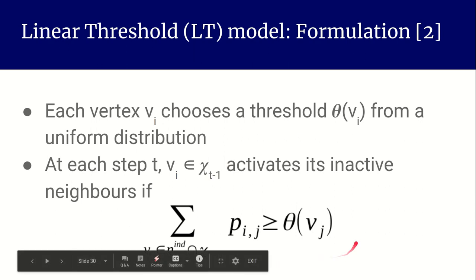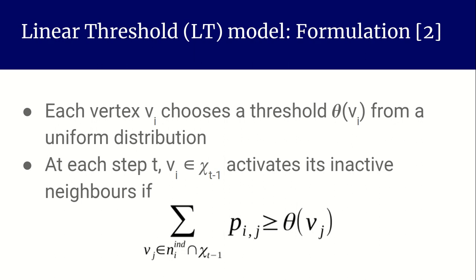So this is the condition where a node v sub j gets activated if the sum of probabilities of its incoming active nodes, so this v sub j in N sub i intersection k sub t minus 1, means get all the incoming neighbors that have already been active in the previous time step.